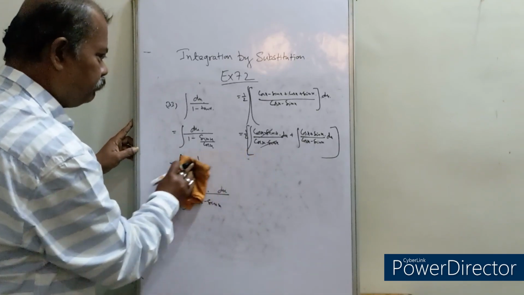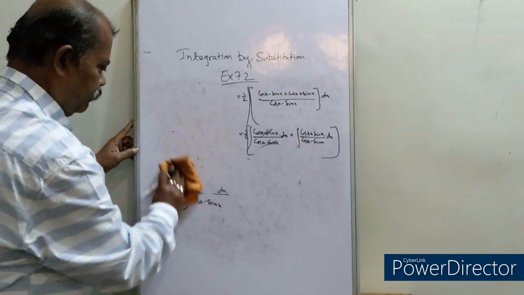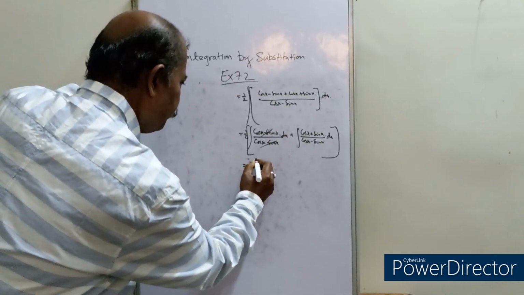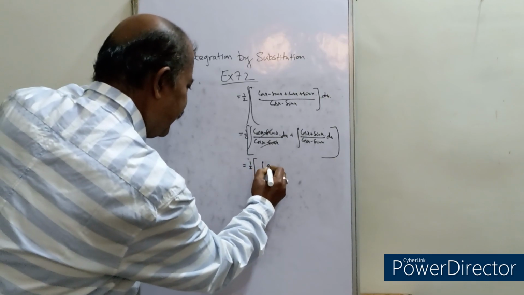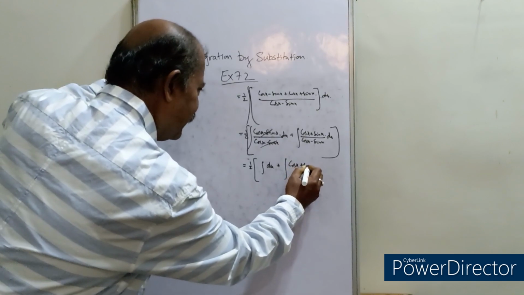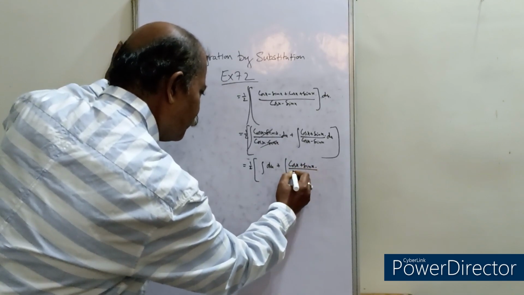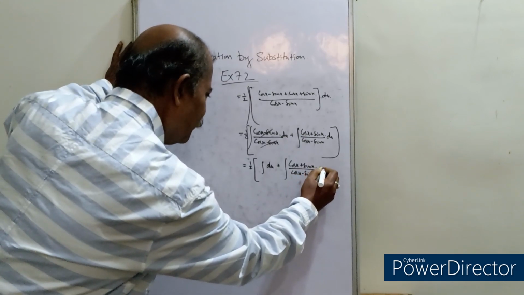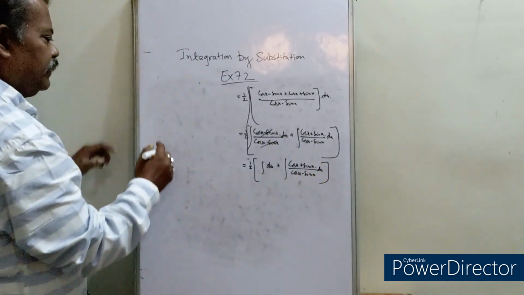Now for this, 1 by 2, this will be the dx, and cos x plus sin x by cos x minus sin x dx. Now here I am going to do this part.